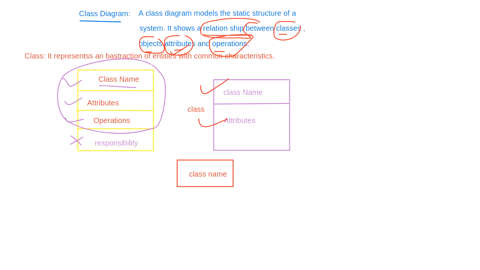First way is you can have a class name, attributes, and operations as well. In the second way, you can show the name of the class and also the attributes of the class. And in the third way, you can show only the class name. So there are three ways in which you can show the class diagram.